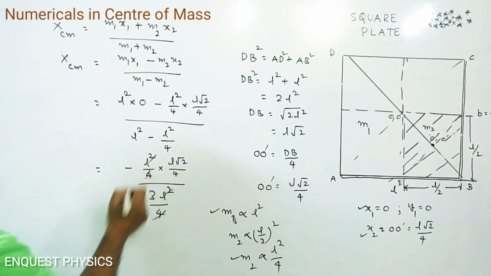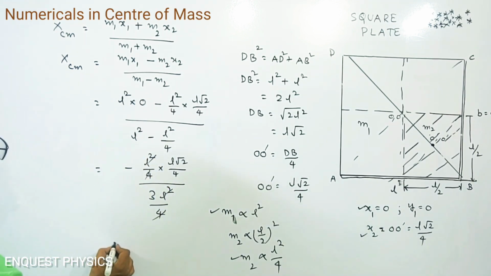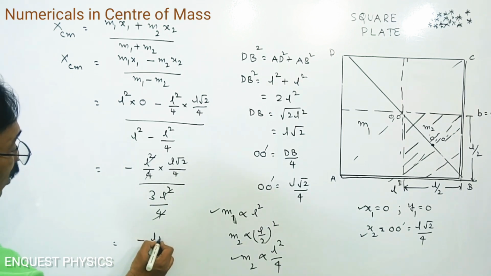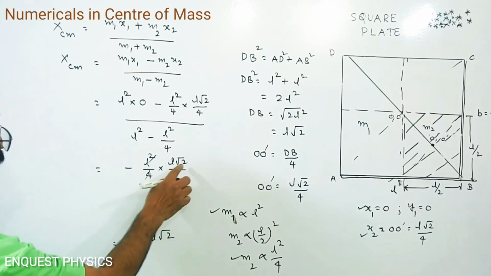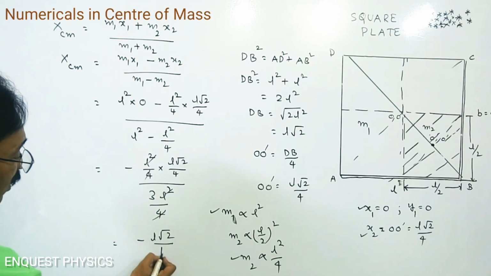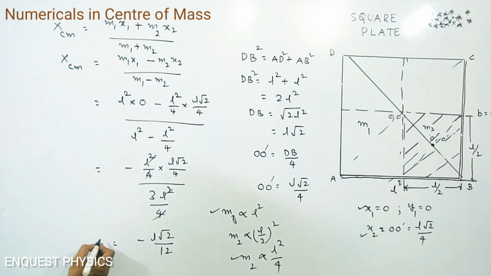The 4 and L squared get cancelled. What we have, students, is minus L root 2 by 12. That is XCM.